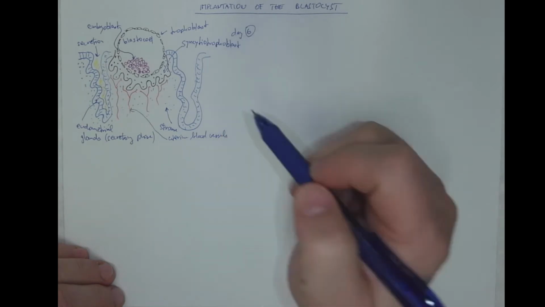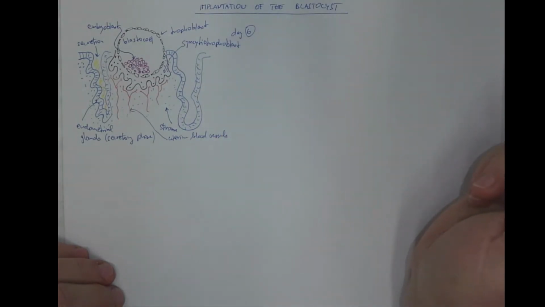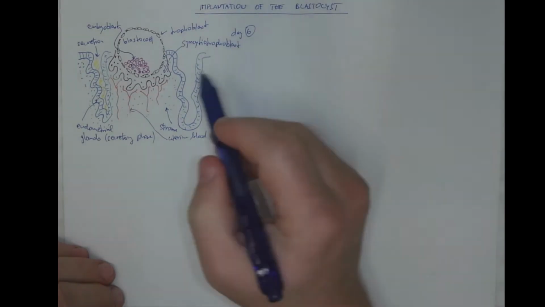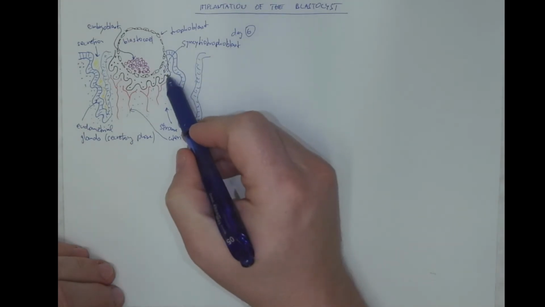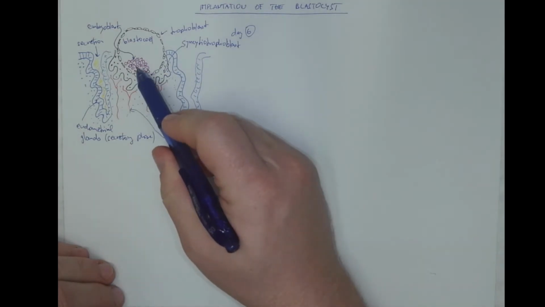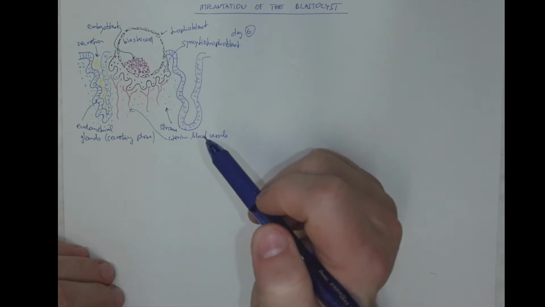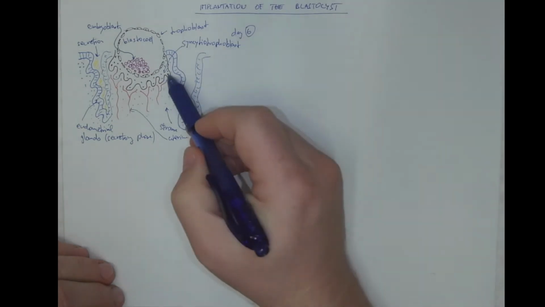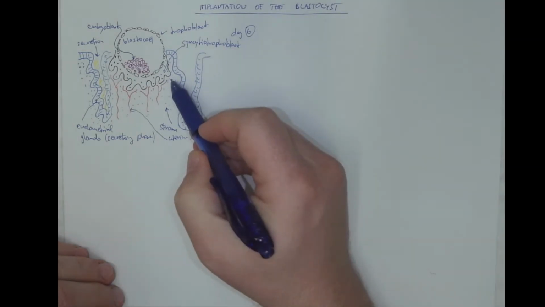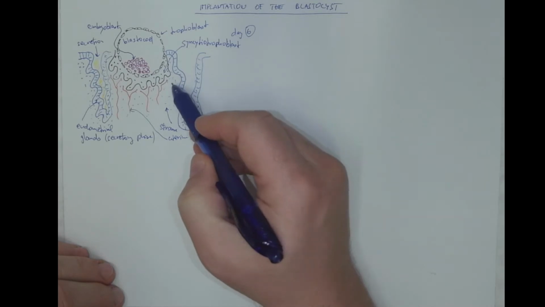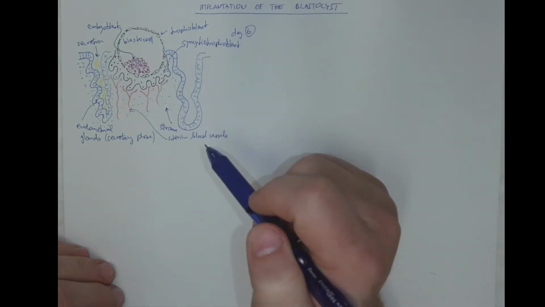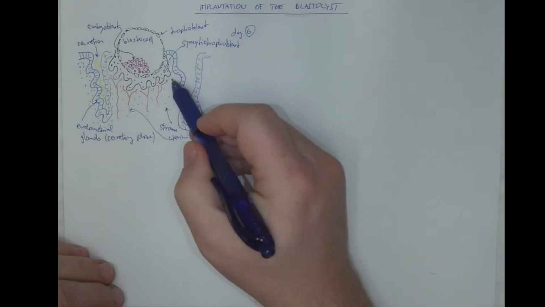So that's how it looks like on day 6 approximately. The Syncytiotrophoblast is providing nutrition to the growing blastocyst by decomposing the nutrients that have been stored in the endometrial cells. The endometrial cells at this time are filled with lipid droplets and with glycogen.